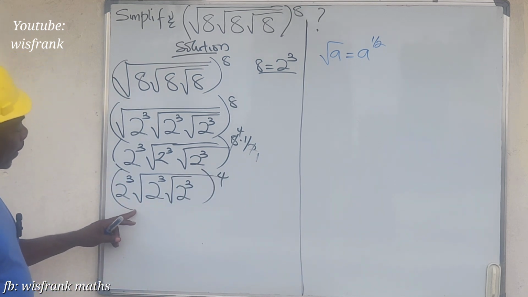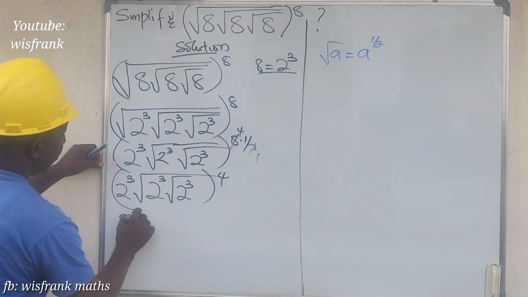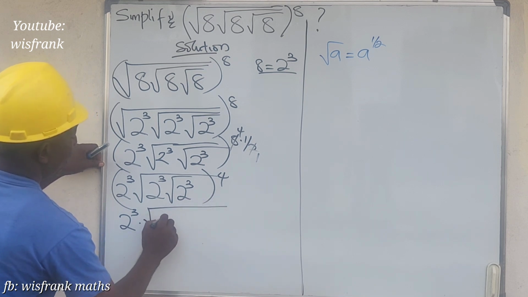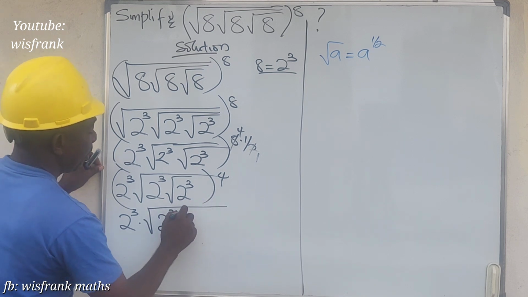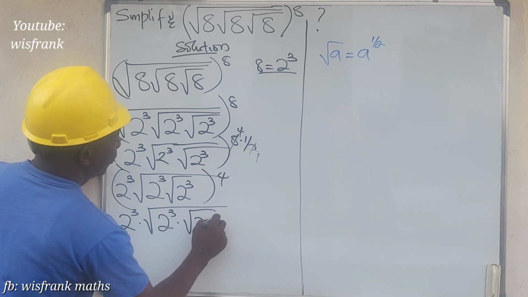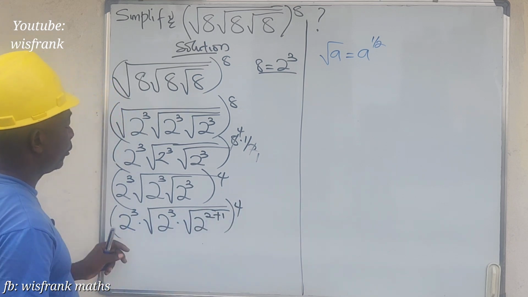So here, this is the same thing as 2 to the power of 3 times the square root of 2 to the power of 3 times, here, the same thing as the square root of 2 times the square root of 2 plus 1, all to the power of 4.